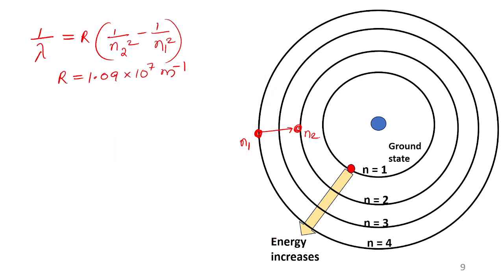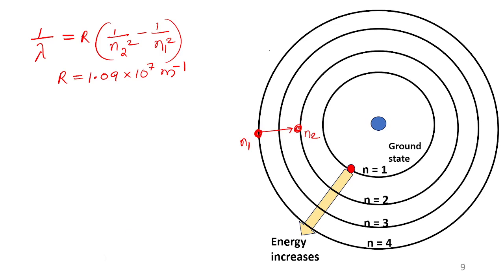The problem I will discuss in the next class. I told you that initially the electron is in the higher energy state, and now it is going to jump to a lower energy state. What happens?